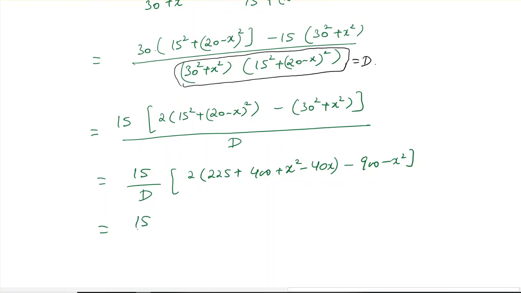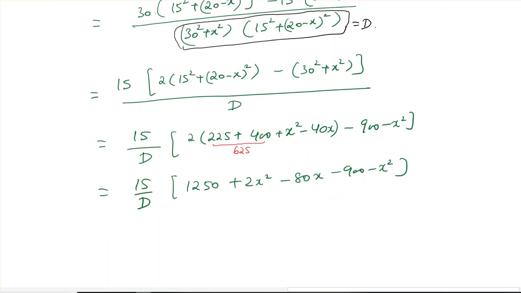So again, let's just combine the like terms. We have 625, so we get 1250 plus 2x squared minus 80x minus 900 minus x squared. Just so that you know, this was 625 times 2, that gives us 1250.